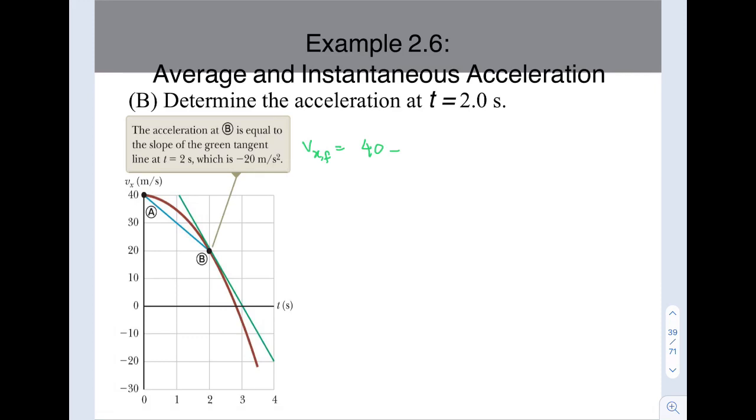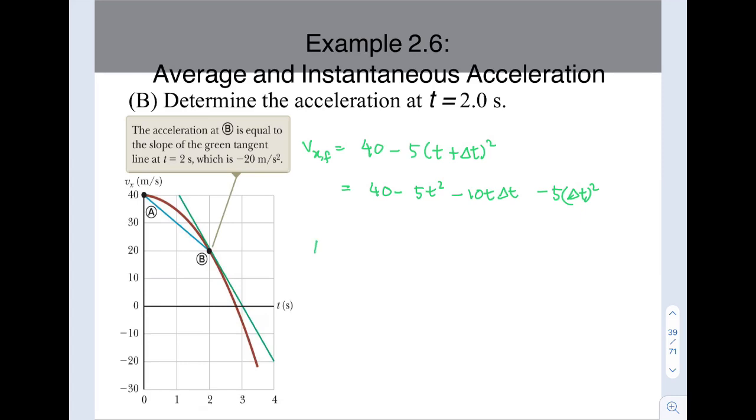V final is equivalent to 40. Make use of the formula or expression given just now, 5t plus delta t squared. So if you open up this parenthesis, you are going to have 40 minus 5t squared, plus negative 10 t delta t minus 5 delta t squared.